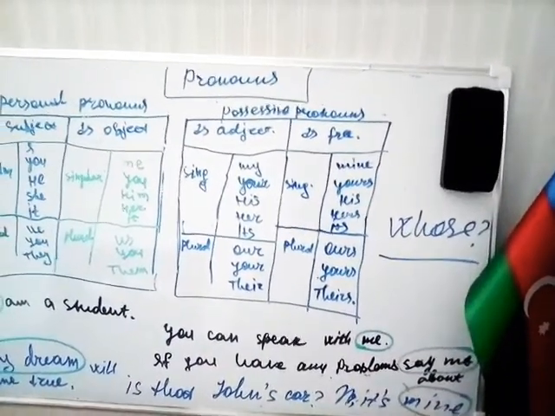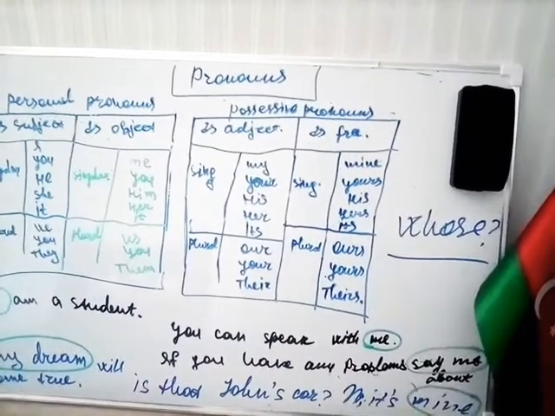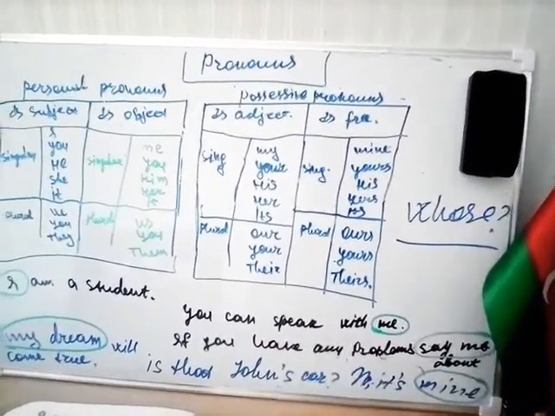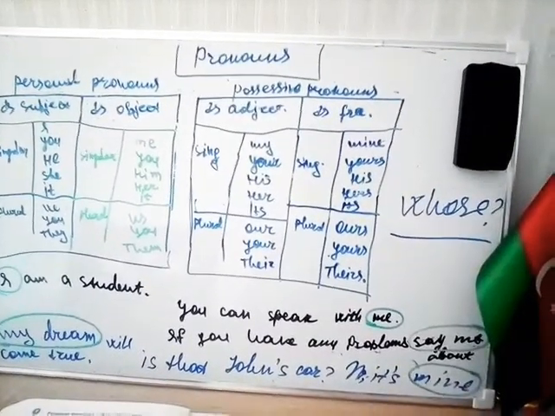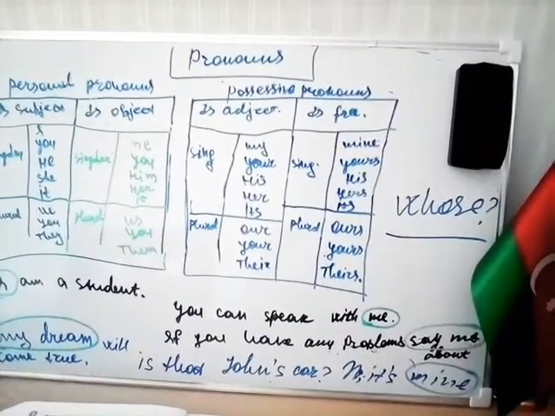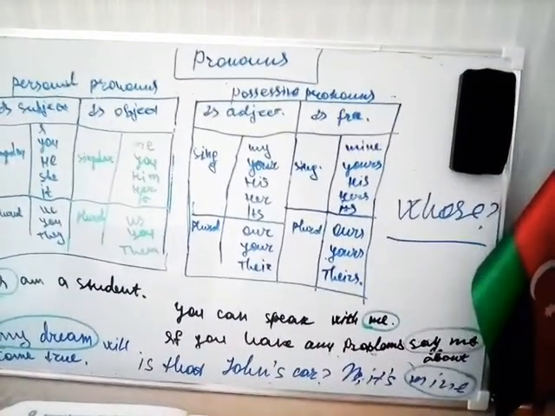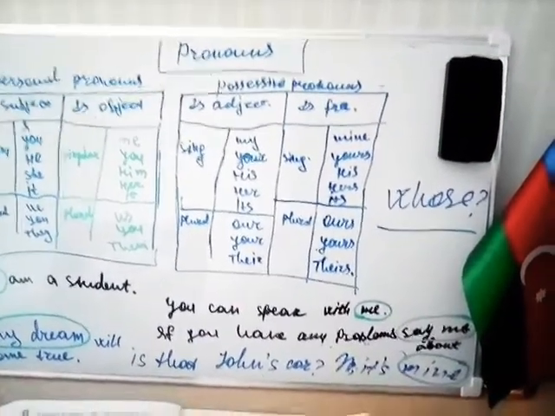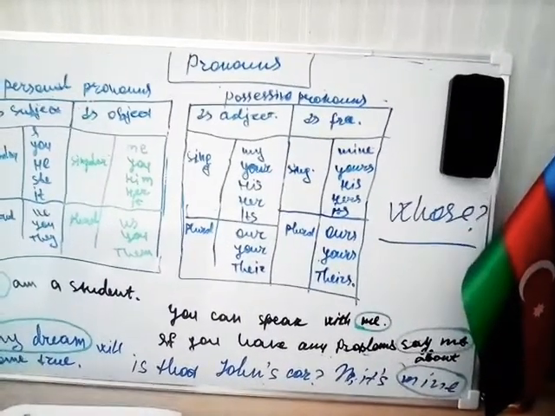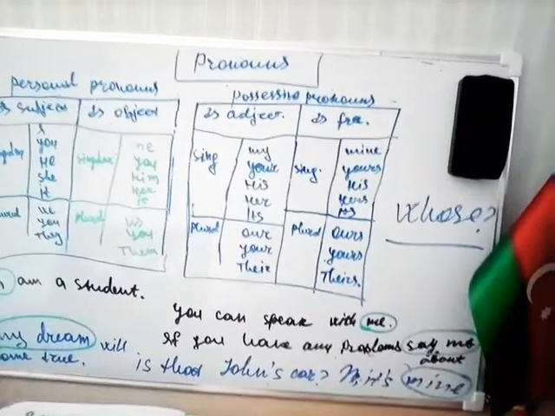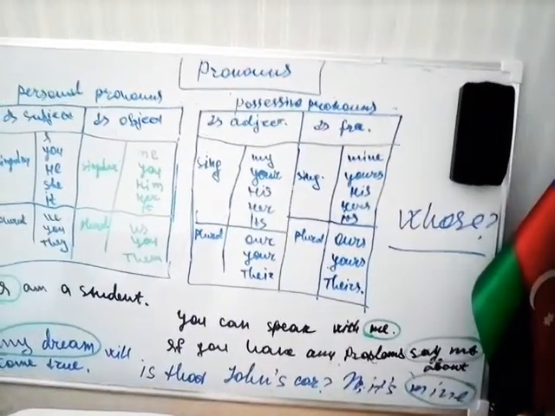It's simple. First of all, I want to speak about possessive adjectives. Why do we call them possessive adjectives? Because we use these adjectives with nouns. Adjectives are completed with nouns. That's why we call them possessive adjectives.